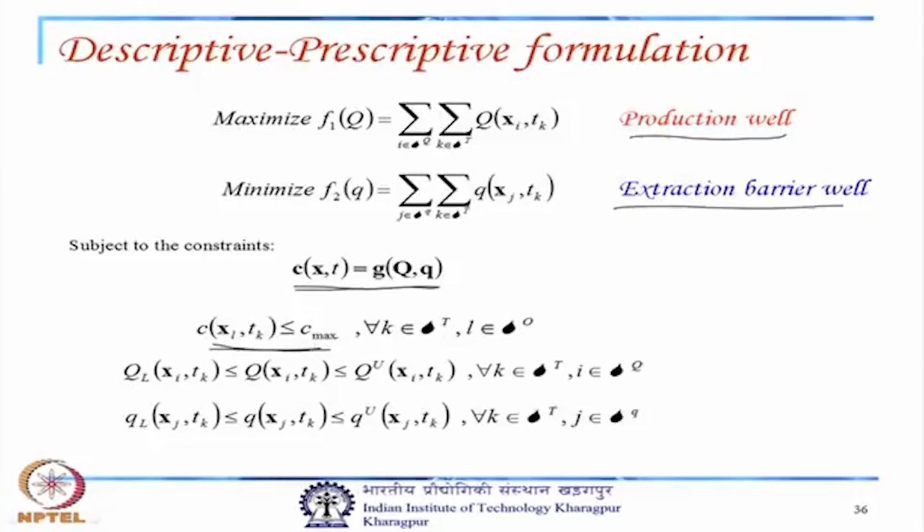That means the concentration in the region should not exceed some value, and there should be a cap on the pumping values, and this is basically maximizing the pumping from production well, minimizing the pumping from extraction barrier wells, and both pumping from production well and pumping from barrier wells, these are bounded variables.